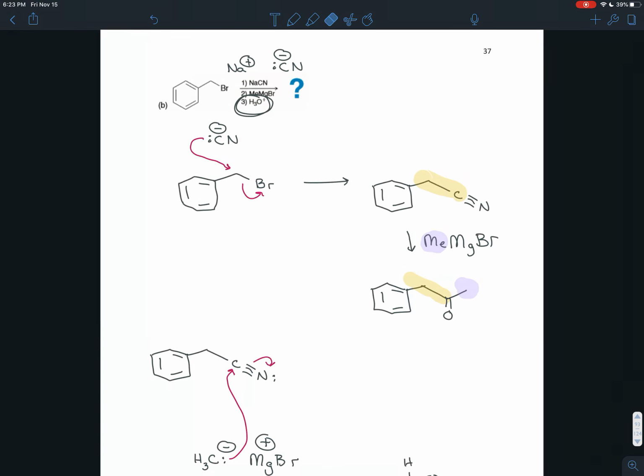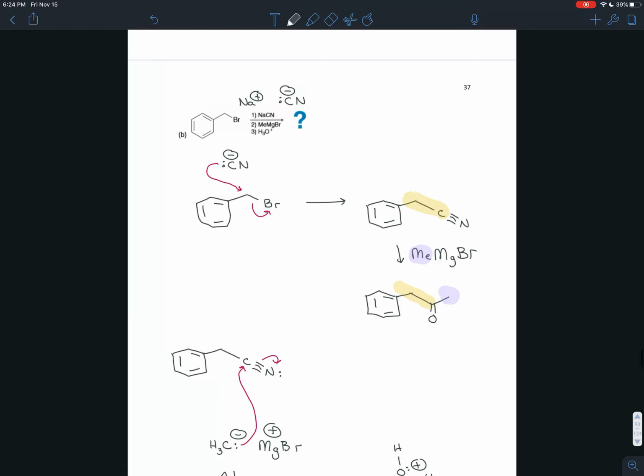So in general, when you treat a nitrile with a Grignard reagent followed by acid, you will end up getting a ketone. On one side of the ketone, you'll have the carbon chain that you had in the nitrile, and on the other side, you'll have the carbon chain that was in the Grignard reagent.